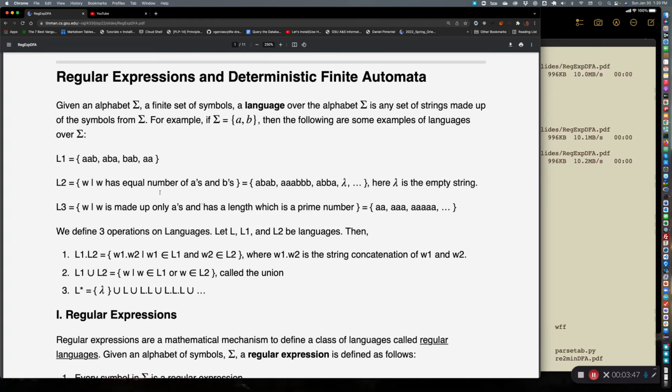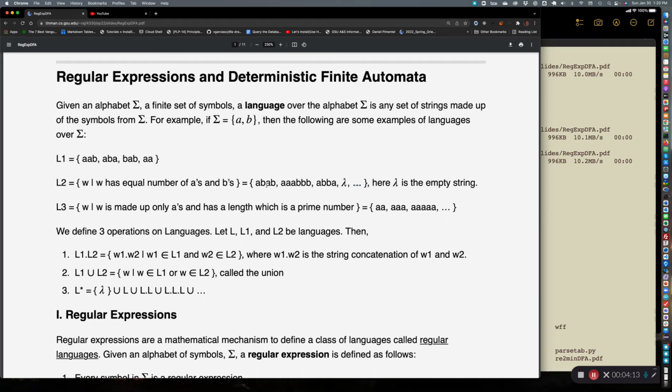Okay, that is certainly not true for L1, right? Because you can see the first string is AAB and it's got 2 A's and 1 B. So that does not have an equal number of A's and B's. But you can make words or strings made up of A's and B's in which there are equal numbers of A's and B's. I listed 4 of them here, but I also put the ... to indicate that there are many more. And actually there are an infinite number of these.